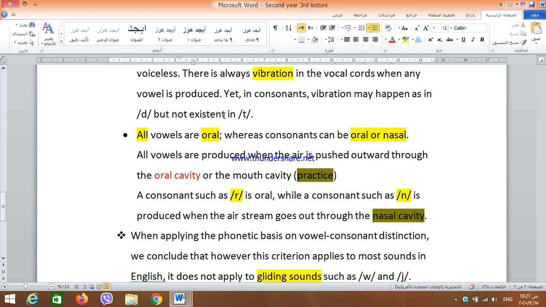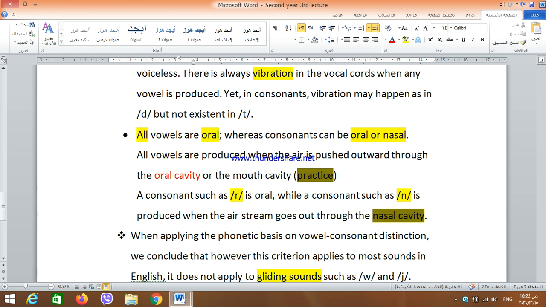But in consonants, we may have vibration with some consonants, and we may not have vibration. If we pronounce the sound d, d, d, we can clearly feel the vibration of the vocal cords when we put our fingers on our throats. But in the pronunciation of the consonant sound t, t, t, there is no vibration at all.